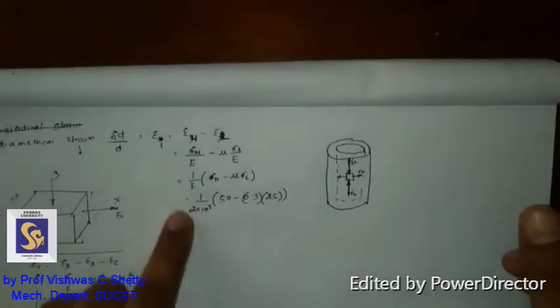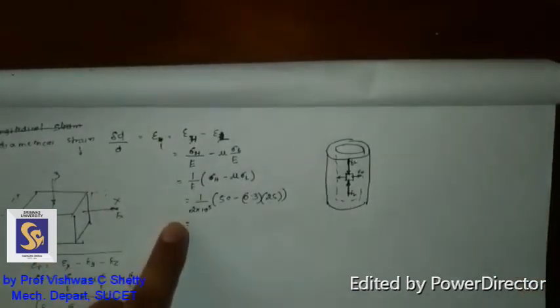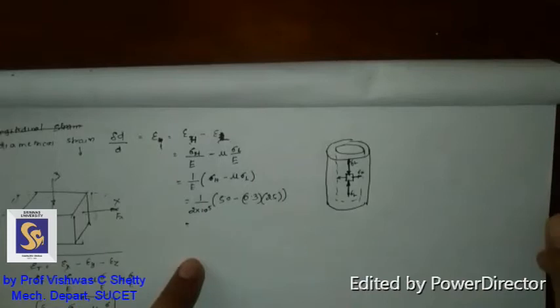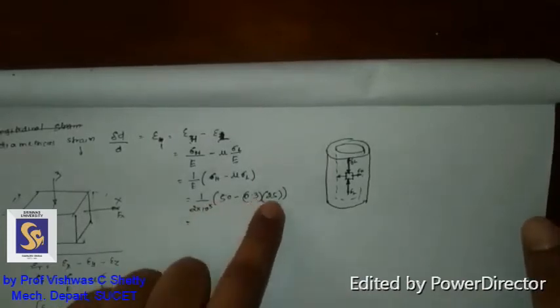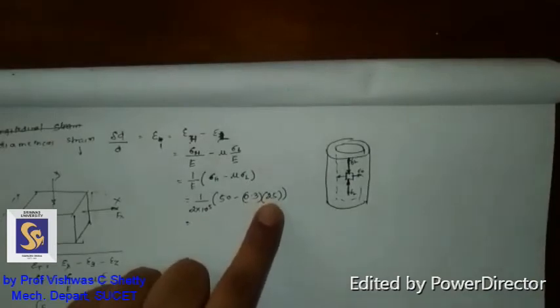What is the value of epsilon 1, the diametrical strain? 1 by 2 into 10 power 5, times 50 minus 0.3 into 25. What is the value?